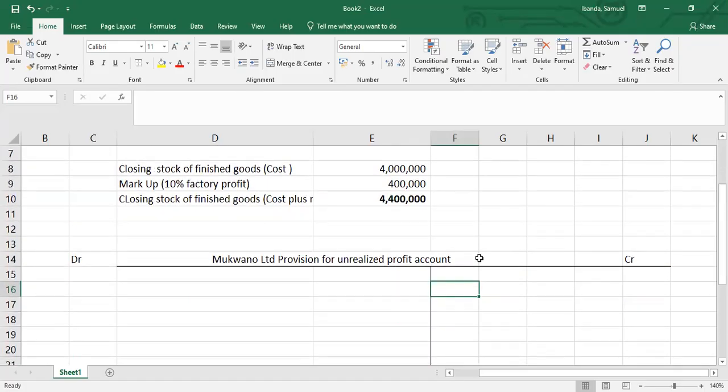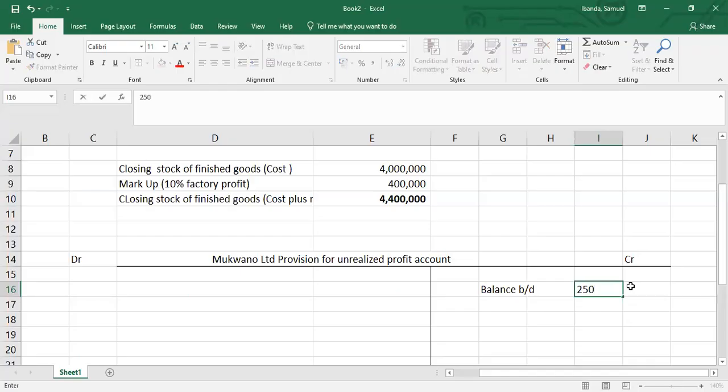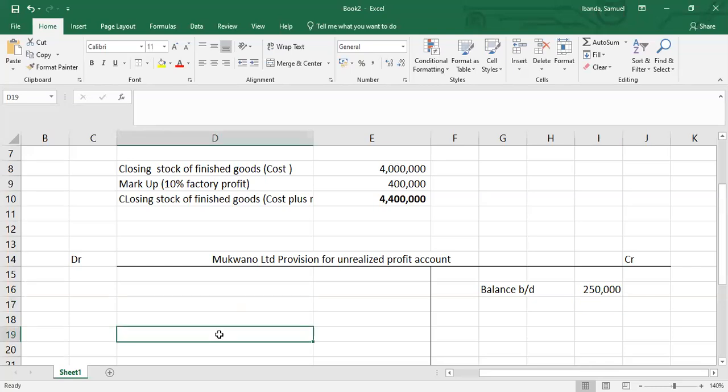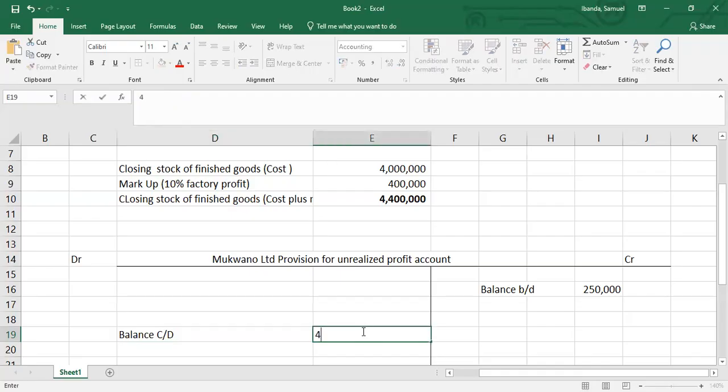So this was opening stock, balance brought down is 250,000. Okay, and then our balance carried down is actually 400,000, which is on closing stock, like the one we've seen there.